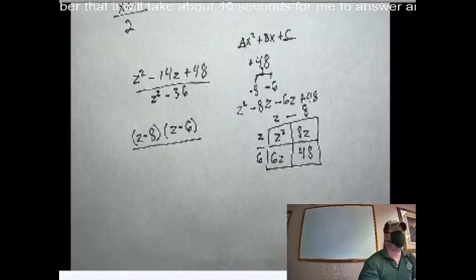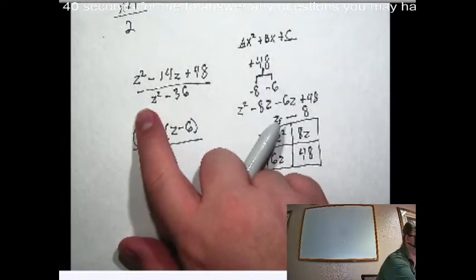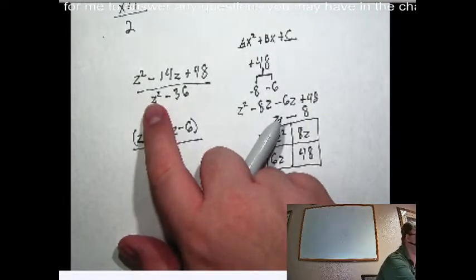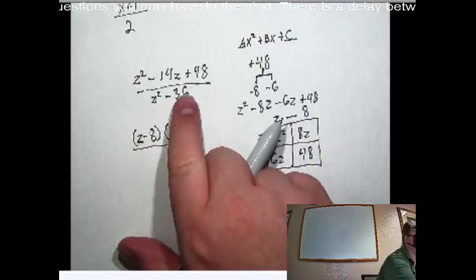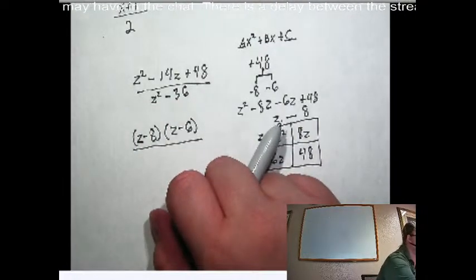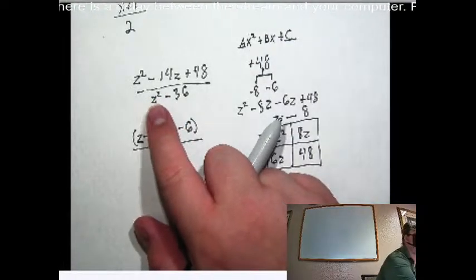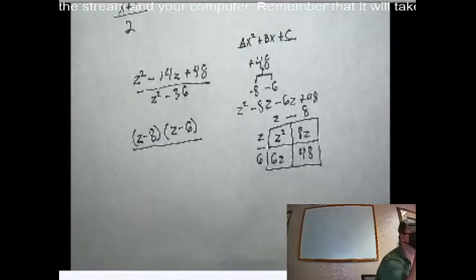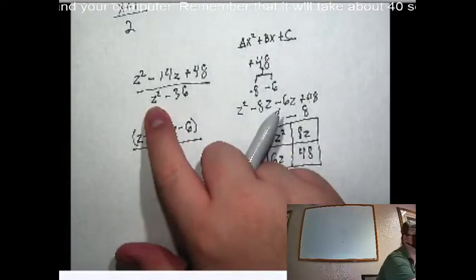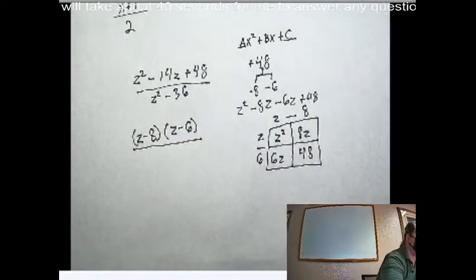All right, next, we need to factor this one. This is a binomial, so first we need to see, okay, does it have a GCF? Can we divide z squared and 36 by something? No, we can't. Is it a difference of squares then? Yeah, it is. Z squared is a square of z. 36 is a square of what? 6.